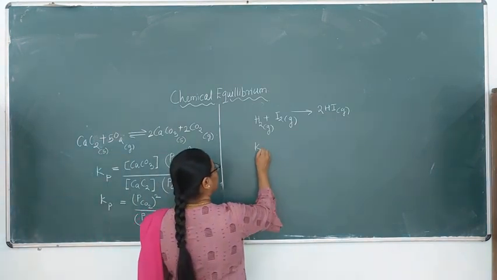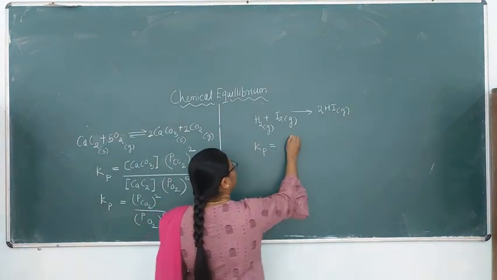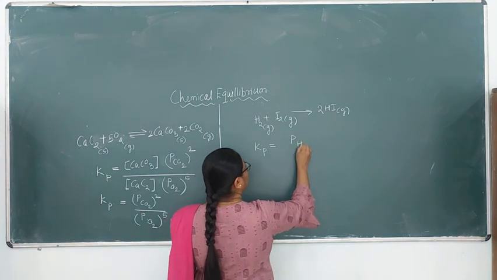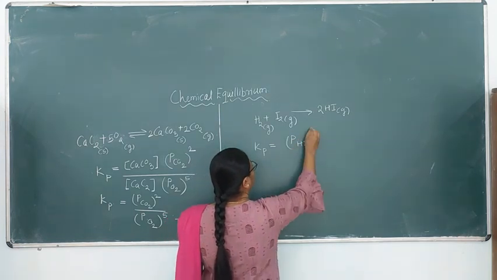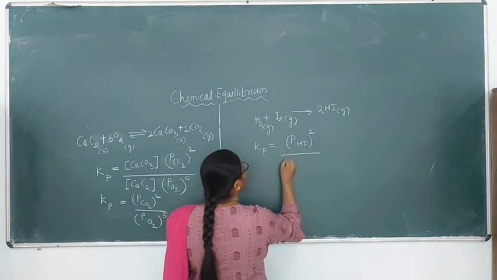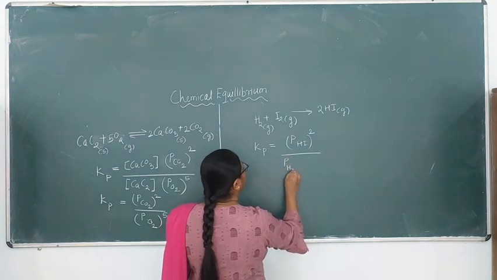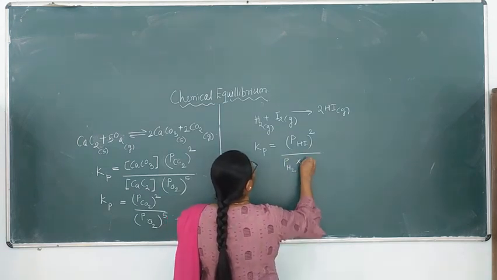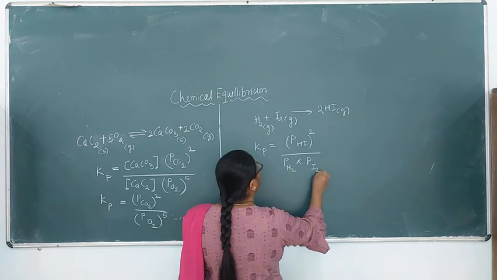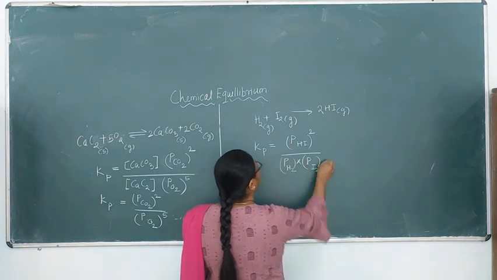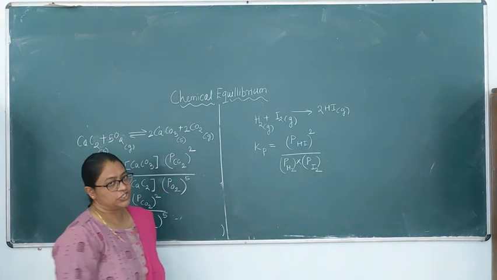Therefore Kp is equal to the partial pressure of HI raised to 2 divided by the partial pressure of H2 into the partial pressure of I2. So this is Kp for this reaction.